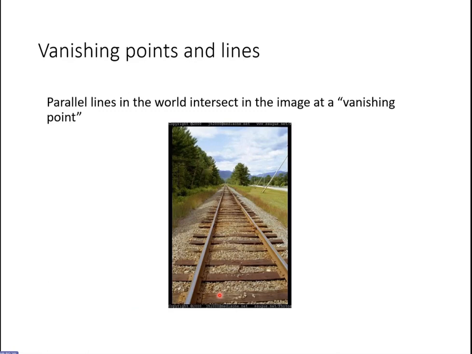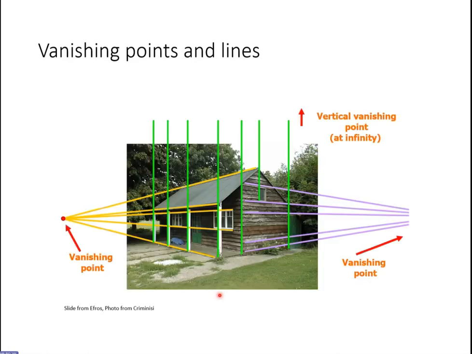And in the real world, there are many vanishing points. For those parallel lines, their vanishing point is here. But from another side, their vanishing point is somewhere out of the slide. And for those pillars, their vanishing point is far, far away in the sky. So what's the reason?